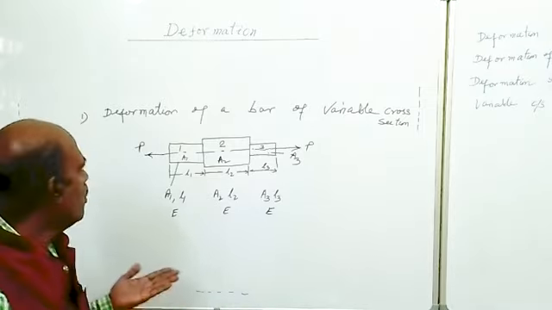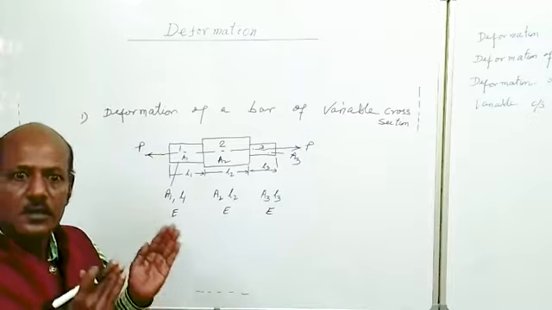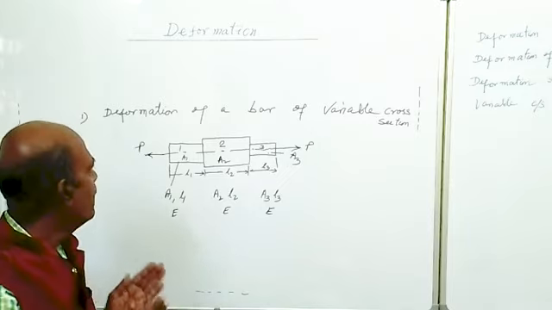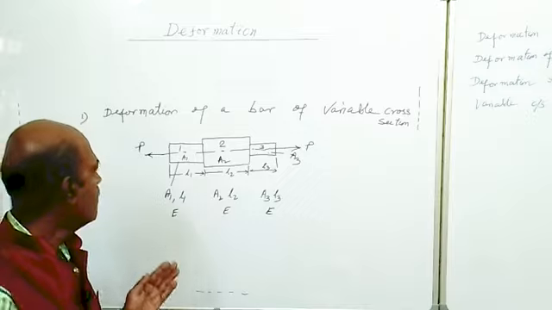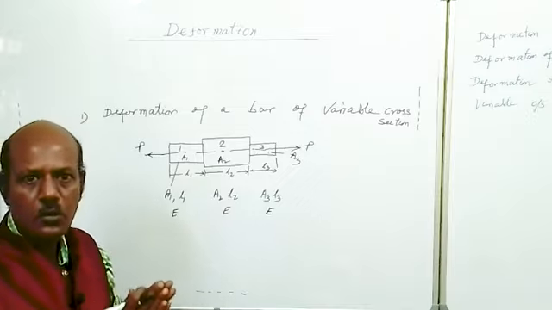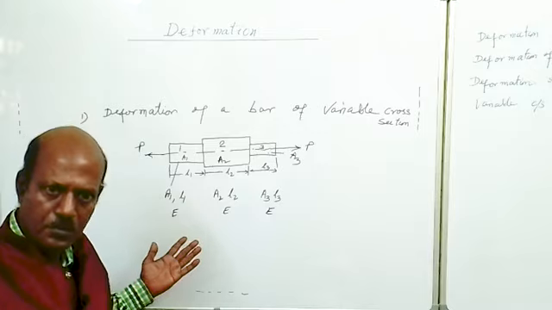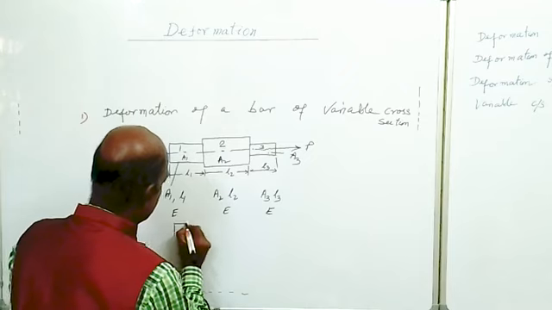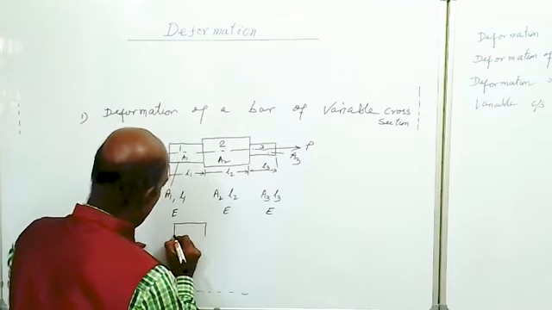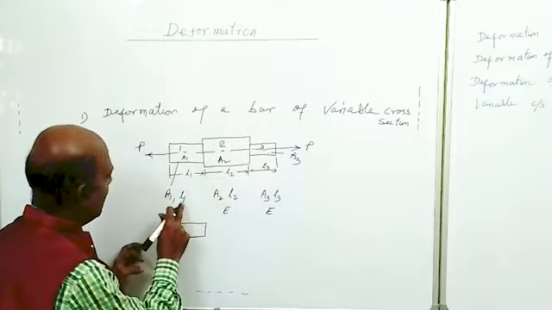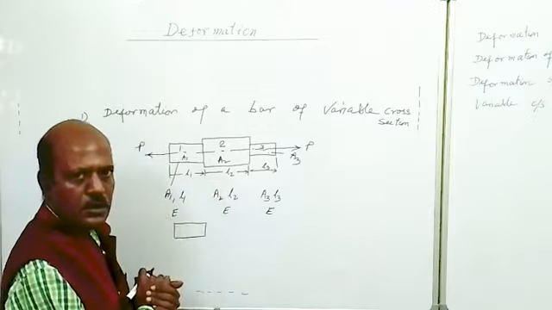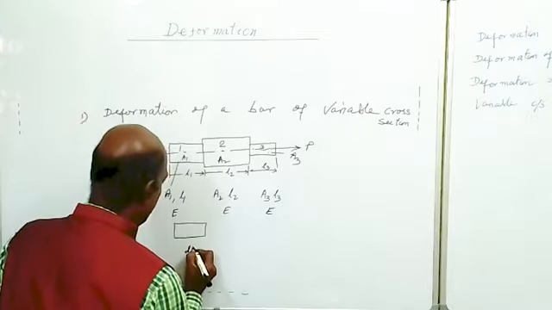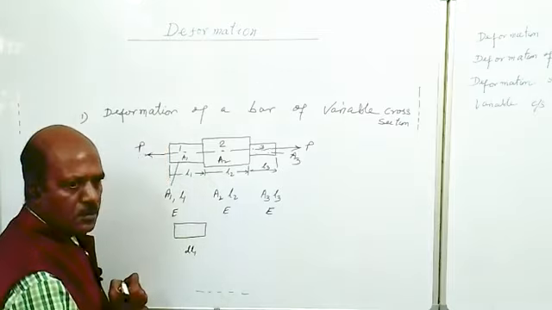Or if we draw the free body diagram of this body, we can find that all the sections have the same tensile load, and the load value is P. So for the first section, A1, L1 and E are the cross sectional area, length and Young's modulus of elasticity of its material.